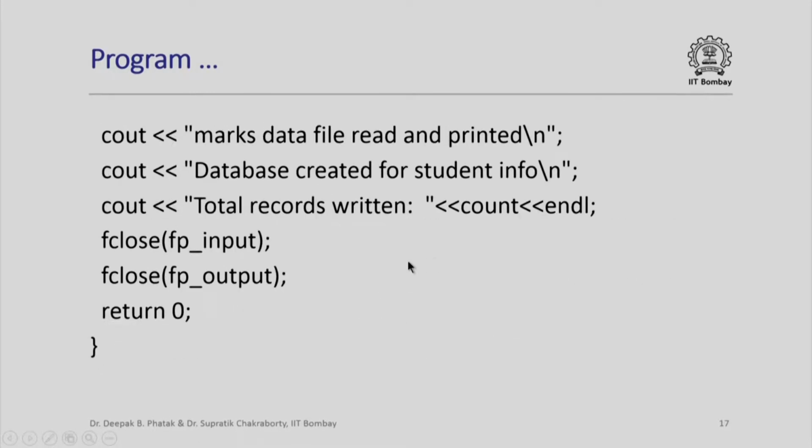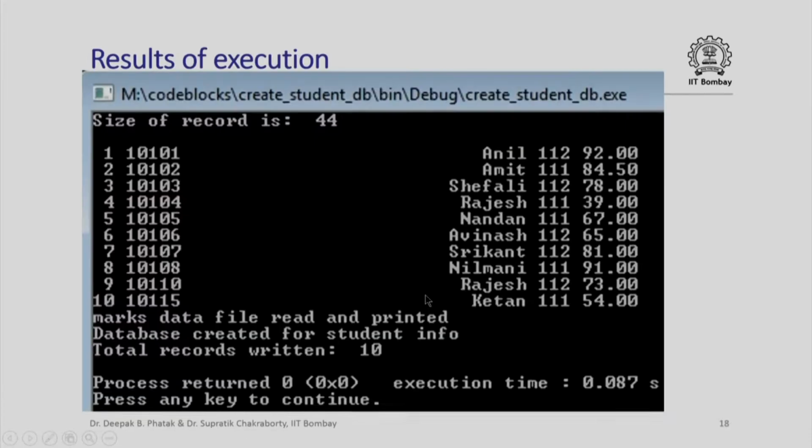At the end, I do my standard housekeeping. I print out messages like marks data file read, database created, I write the total number of records written, and more importantly, I do not forget to close the fp input and fp output file. This ends my program.